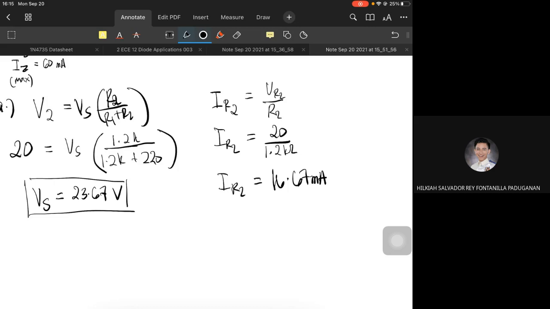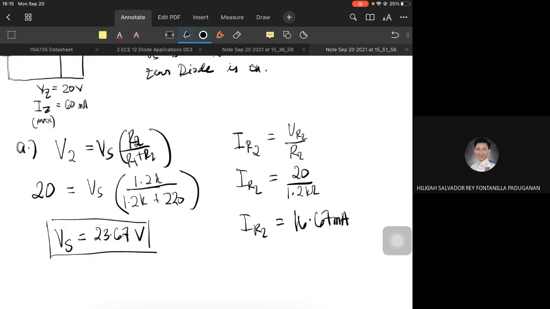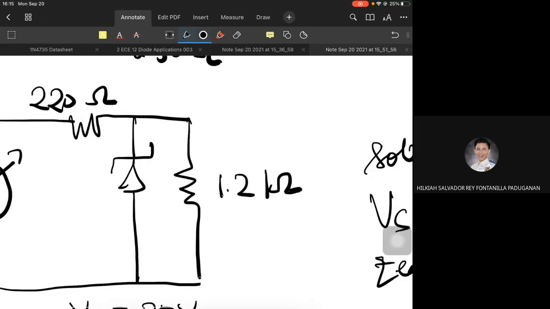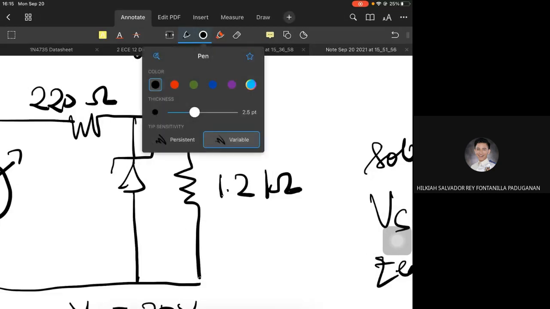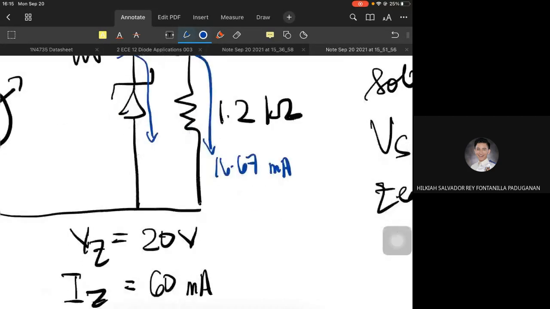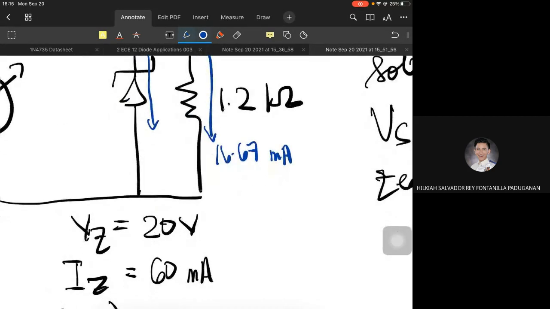So it is fixed. The maximum of Iz, just before it breaks, is 60 milliamperes.